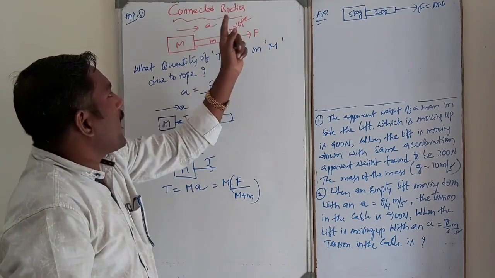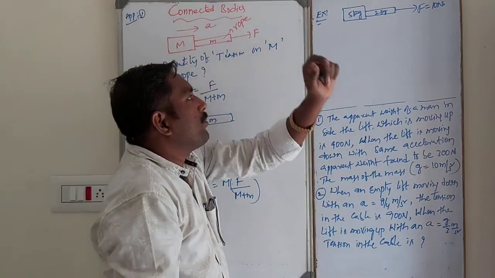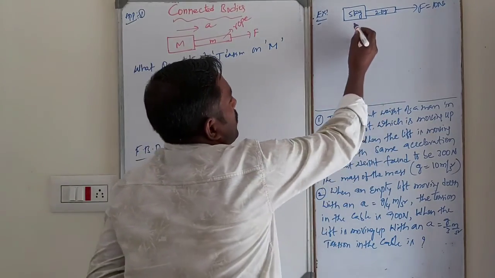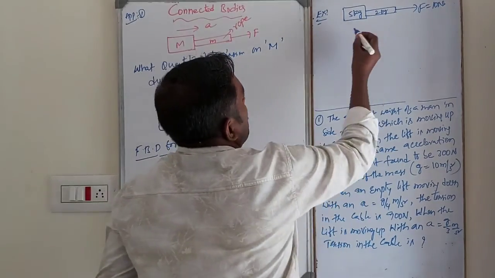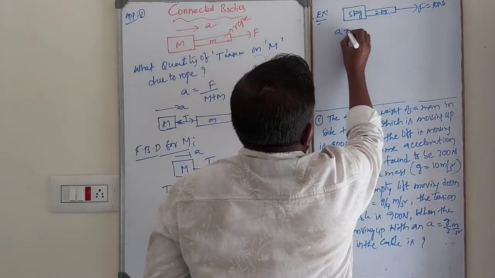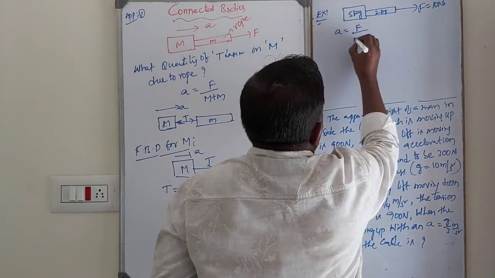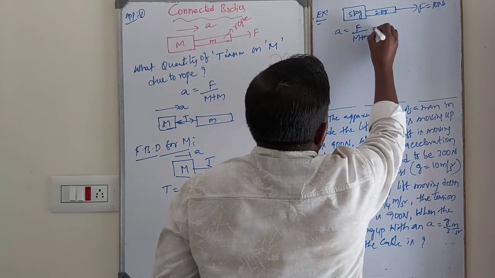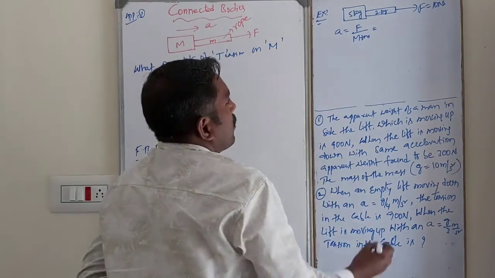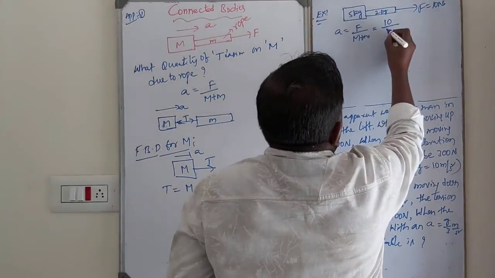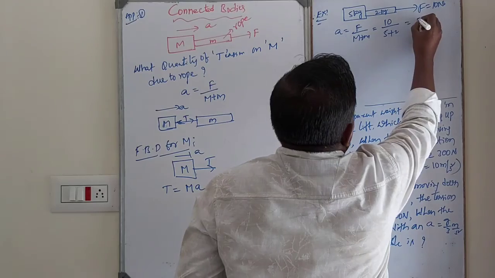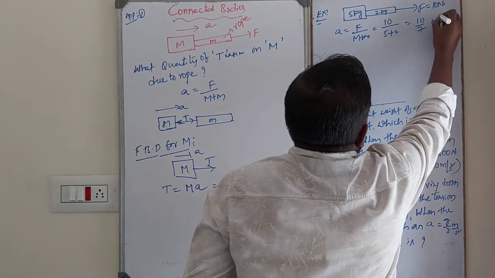What quantity of force is acting on the 5 kg body due to the rope? First of all, we calculate the total acceleration, that is total force by total mass, M plus m. So F is 10 Newton divided by 5 plus 2, that is equal to 10 by 7 meter per second square.